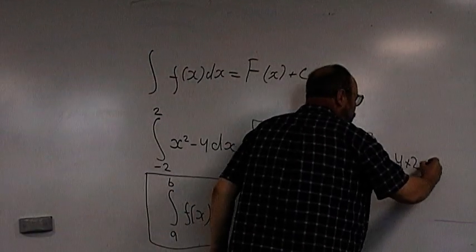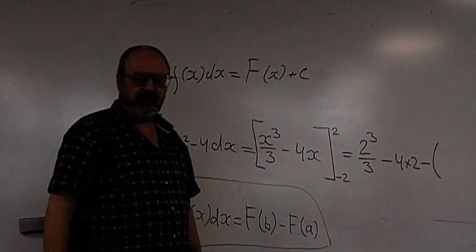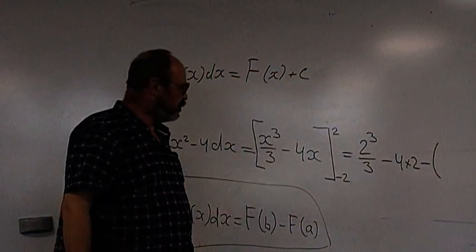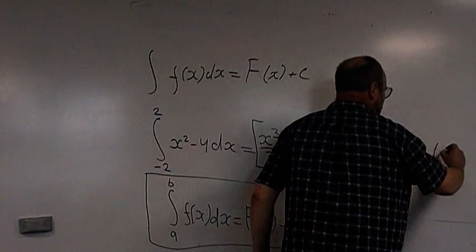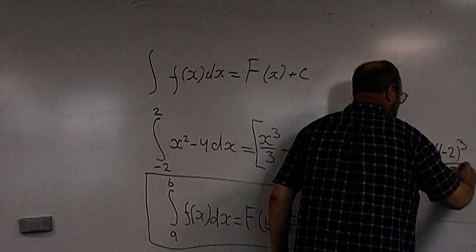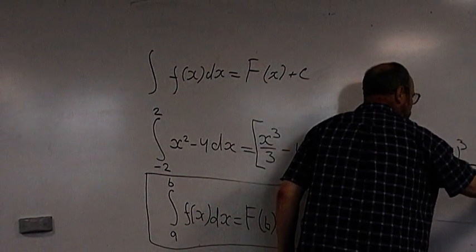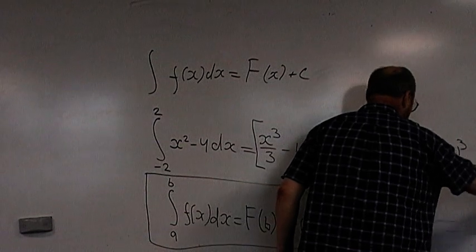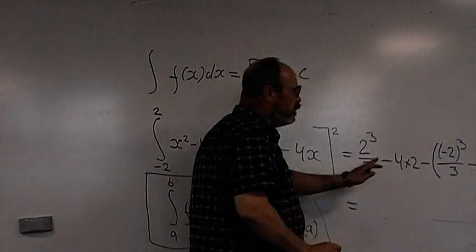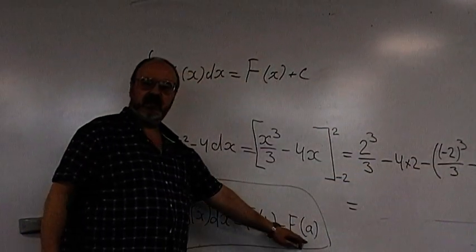And we subtract the value of the antiderivative function at x equals negative 2. So we have negative 2 cubed on 3 minus 4 times negative 2. When you will be doing that, don't forget to put the value of the antiderivative function at a.